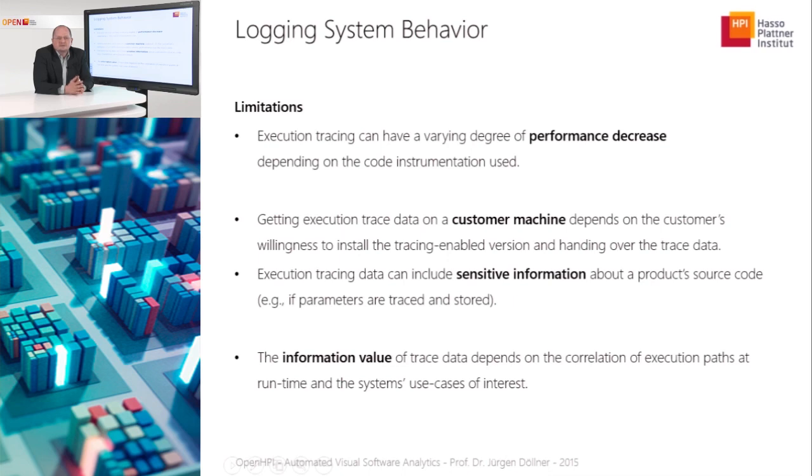This might be caused because execution trace data can include sensitive information about a product's source code, because parameters are traced and function names are recorded, or sensitive information about customer data, for example, amounts of money or personal data. So sometimes it's difficult to get trace data from the customer side, from the deployment at the customer site, if sensitive information is included.